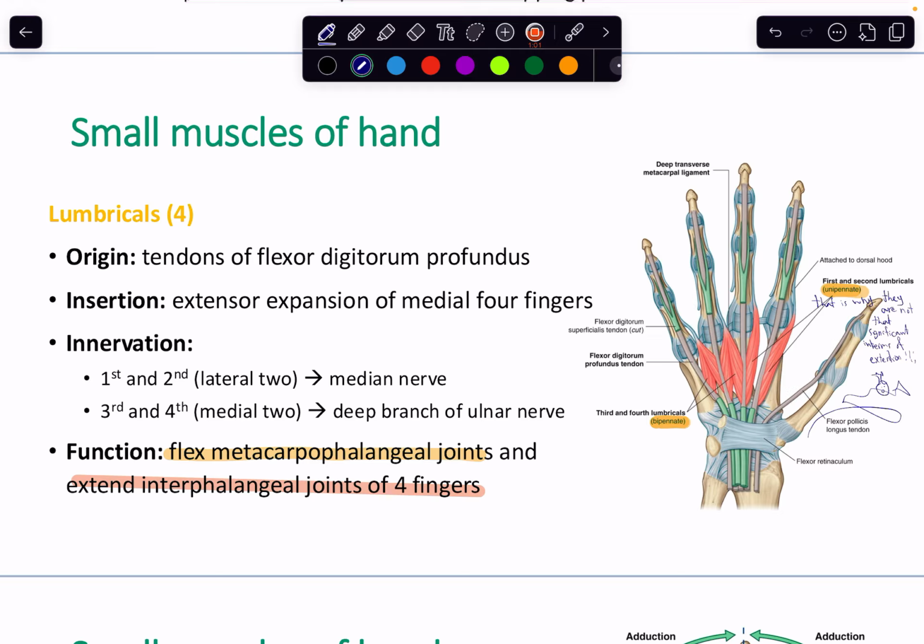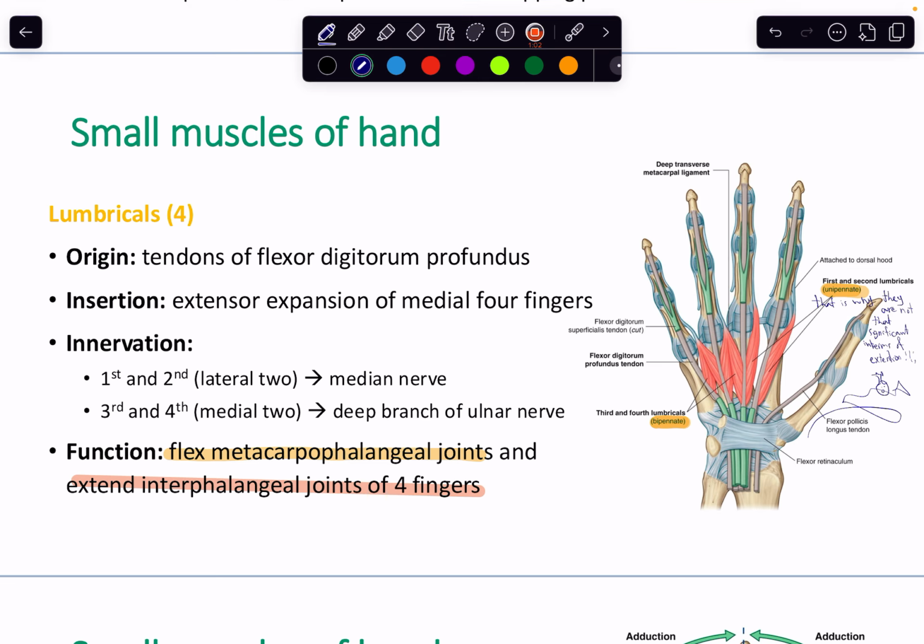So maybe that's the reason that the index and the middle finger are not that significant in terms of extending these two fingers, because it's unipinnate. Thank you very much, we learn from each other. Students also teach the teachers, right?